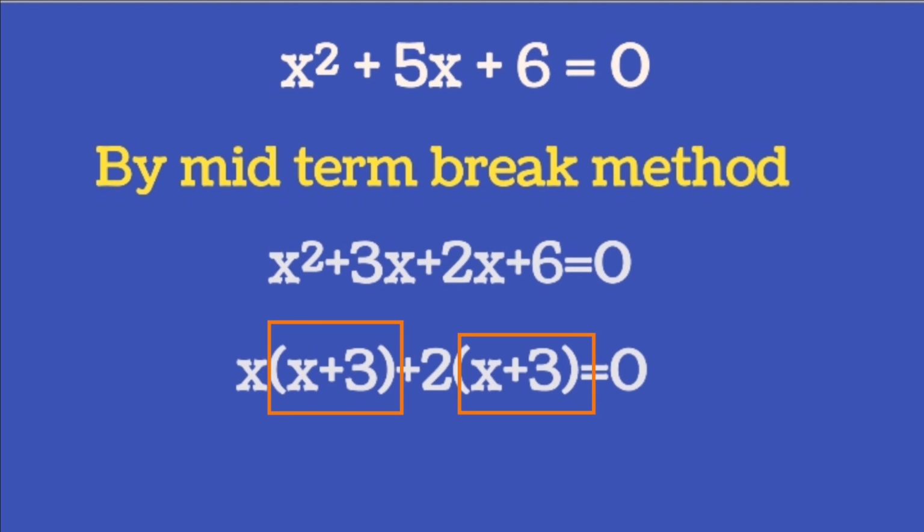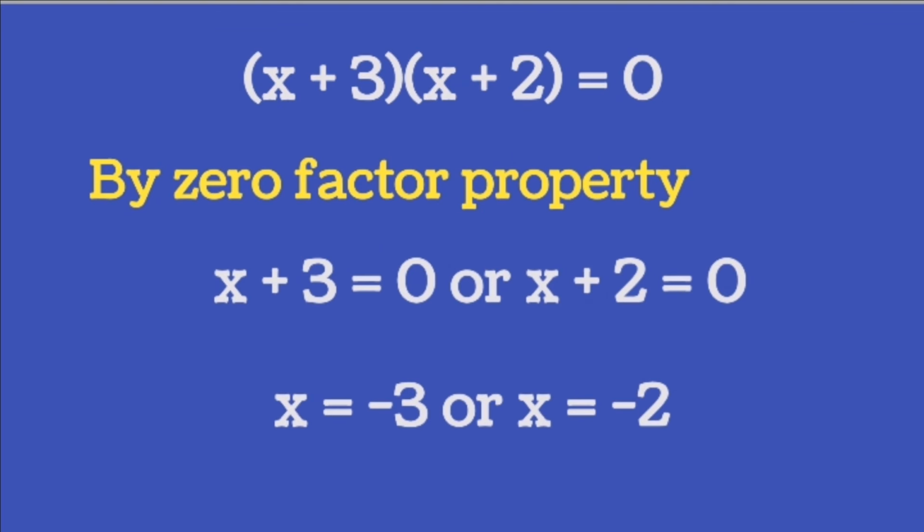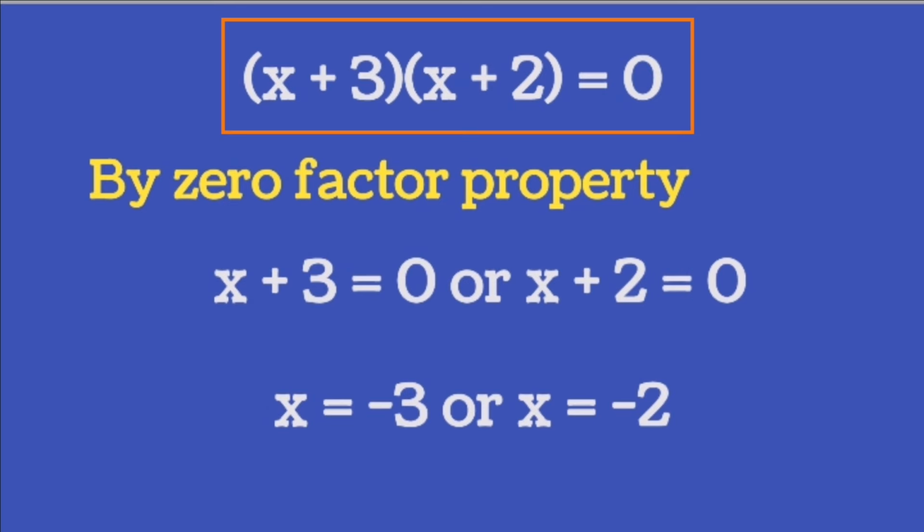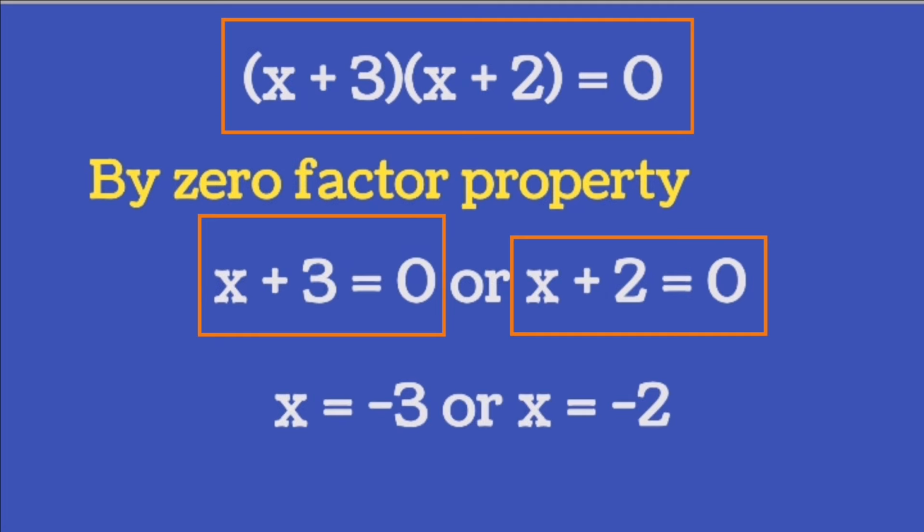So by taking x plus 3 common, we get x plus 3 into x plus 2 is equal to 0. Now by zero factor property, this becomes x plus 3 is equal to 0 and x plus 2 is equal to 0.